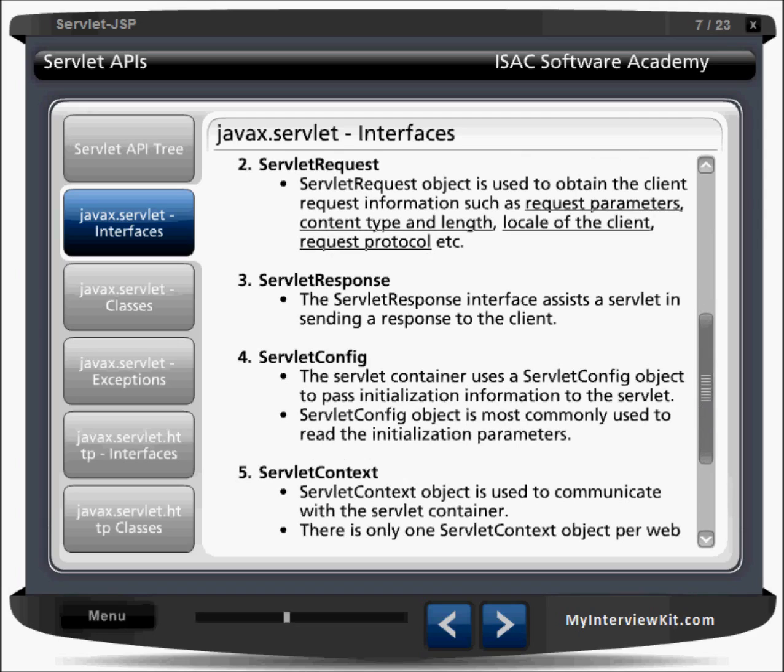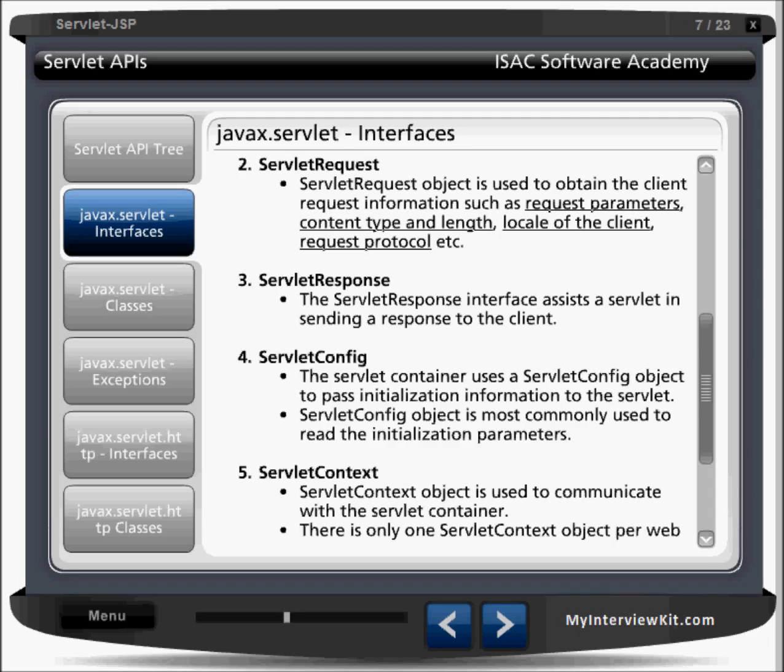These two objects hold the request and response. The ServletRequest object is used to obtain the client request information, such as request parameters, content type and length, locale of the client, and request protocol. The response interface assists a servlet in sending a response to the client.